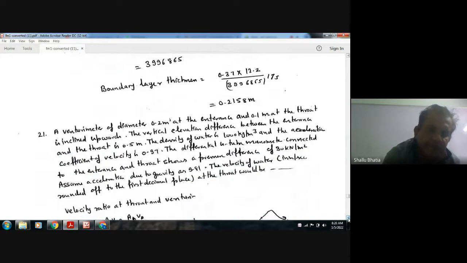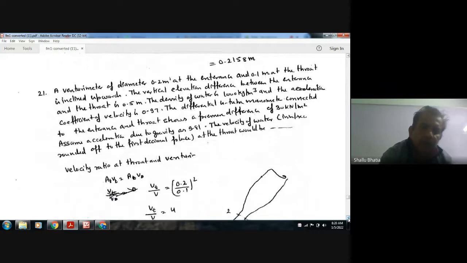Next, a venturimeter of diameter 0.2 meter at the entrance and 0.1 meter at the throat is inclined upward. The vertical elevation difference between the entrance and the throat is 0.5 meters. The density of water is 1000 kilogram per meter cube and the coefficient of velocity is 0.92.